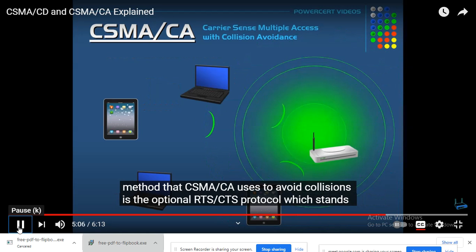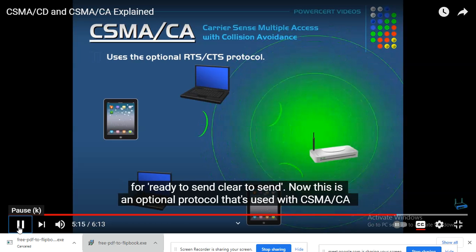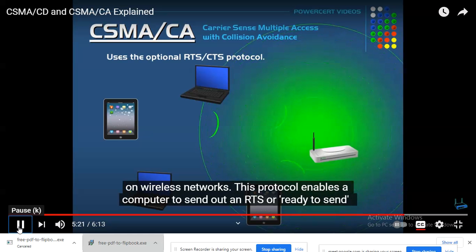Now, another method that CSMA/CA uses to avoid collisions is the optional RTS/CTS protocol, which stands for Request to Send, Clear to Send. This is an optional protocol that's used with CSMA/CA on wireless networks. It's an old video, which is the reason they use the term optional, but by default, RTS/CTS is the protocol implemented in most wireless routers.